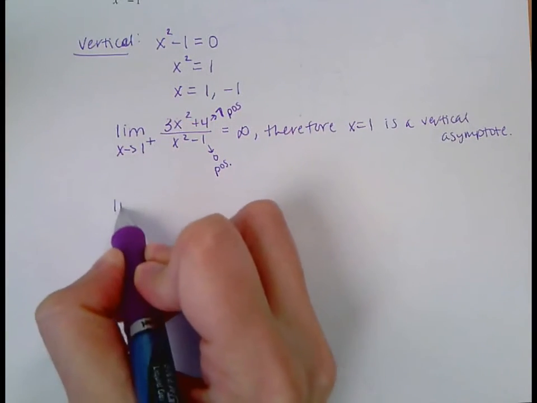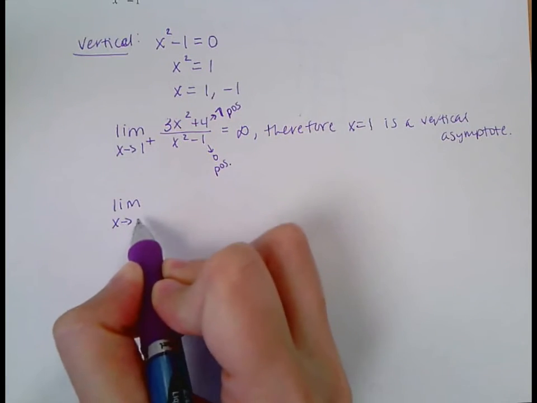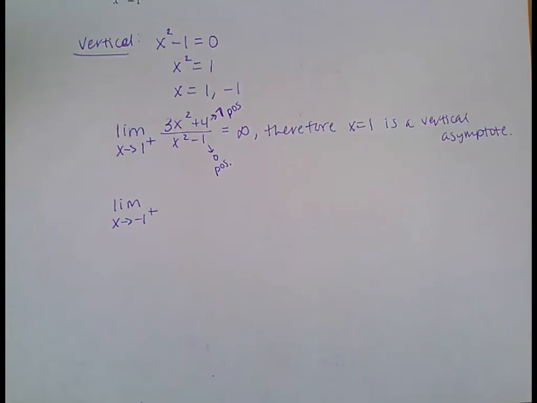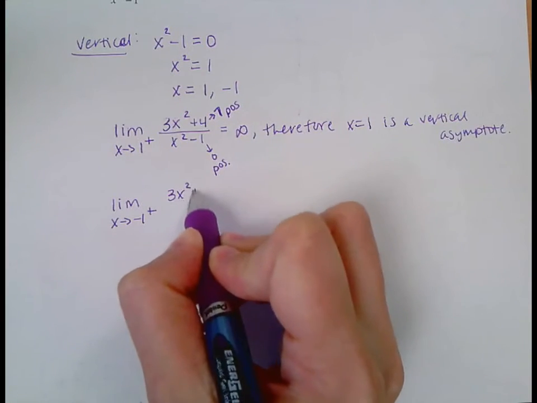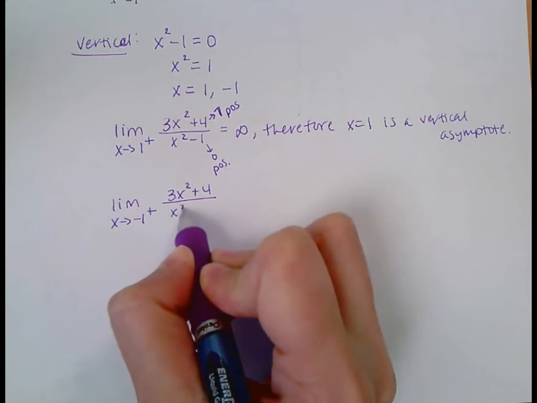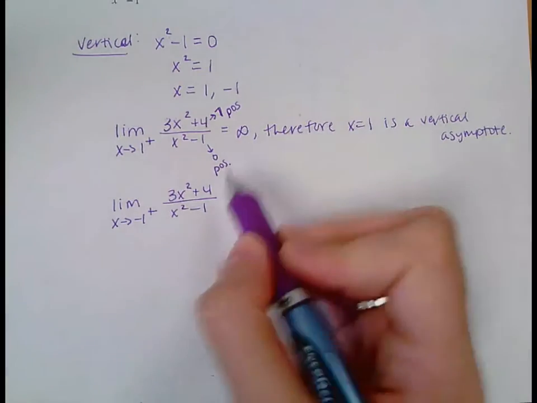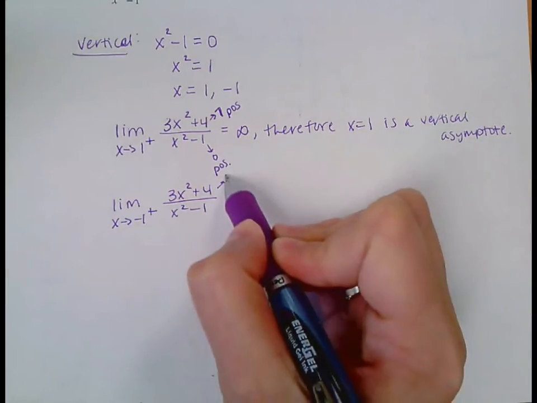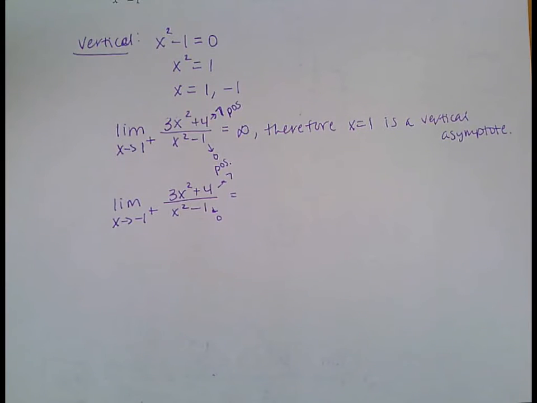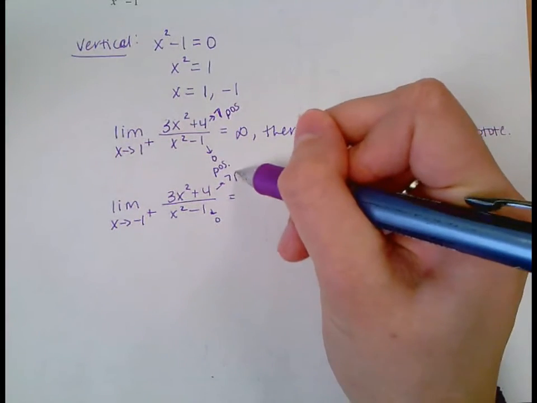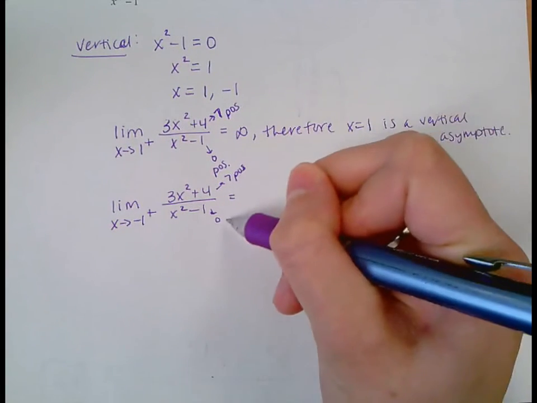And then find the limit as x approaches negative 1. Again, from just one side is all you have to show. So the top is still going to approach 7. Right. So, was that what you were saying between positive and negative 1?